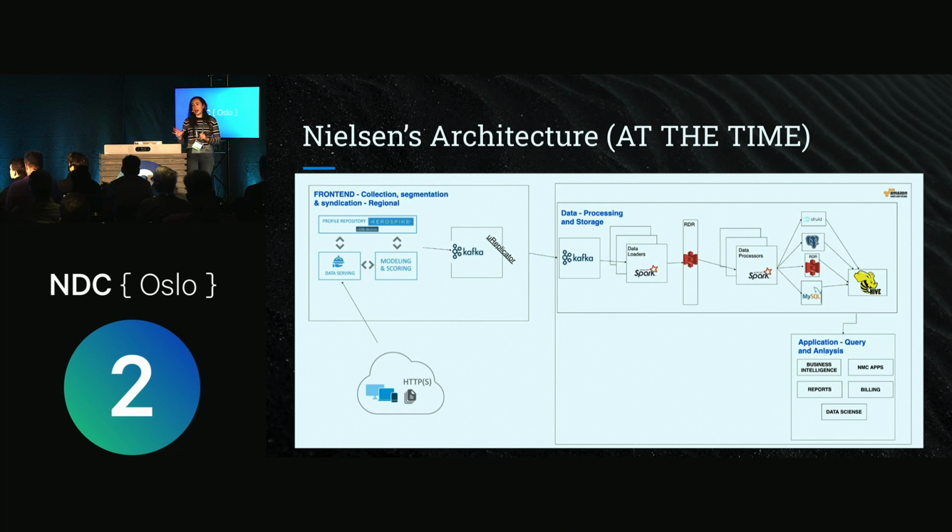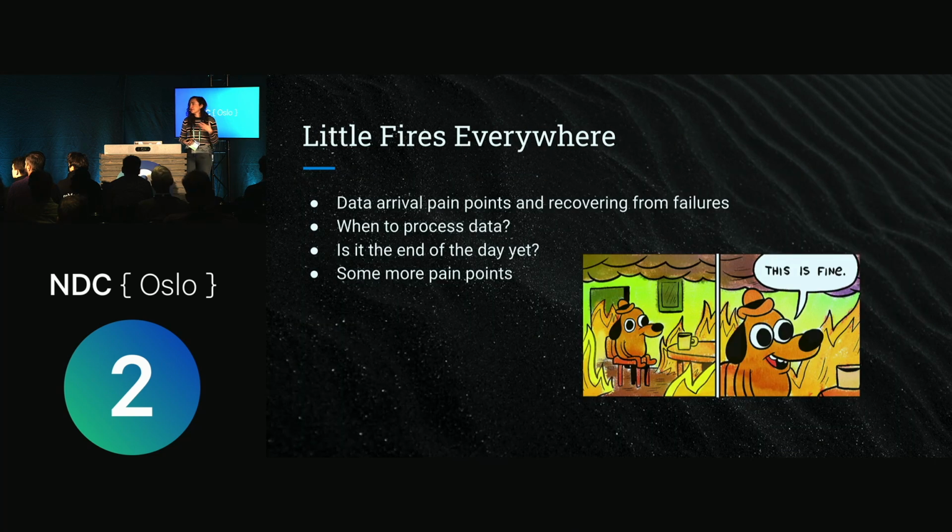And if we look at the application layer, each one of these applications can consume that data straight from that data source or altogether through Hive. And so this architecture really had little fires going on everywhere, especially data latency-wise. And really, at this point, let's start discussing all of these data arrival pain points.